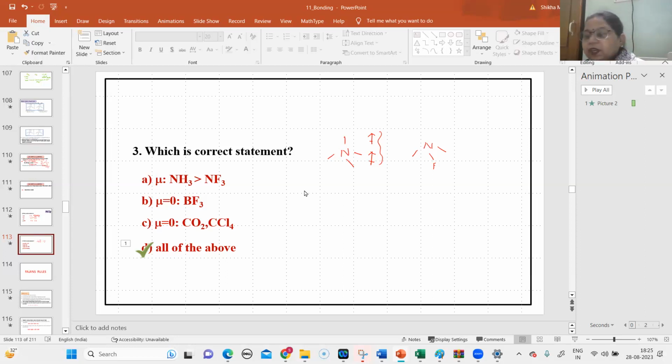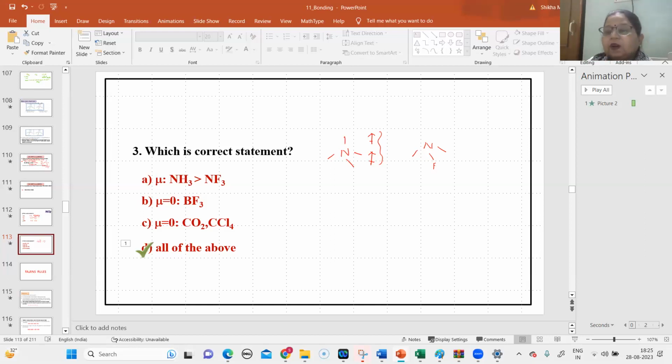The second one, BF3, has a regular geometry. Therefore, BF3 will have a net dipole moment of 0. CO2 we have discussed. Similarly, we have discussed CCl4 also, right? So therefore, all the options are correct.